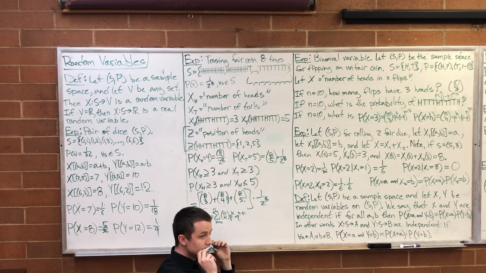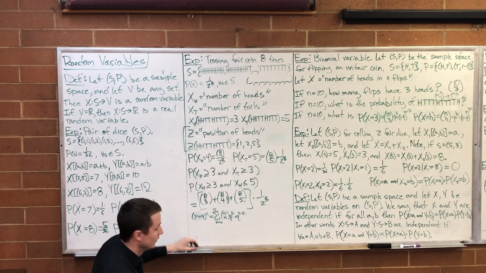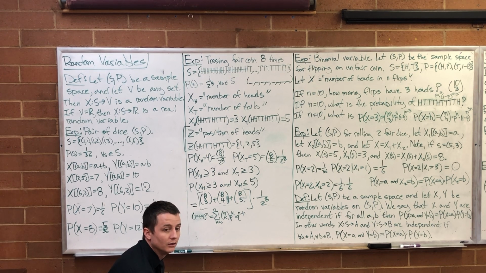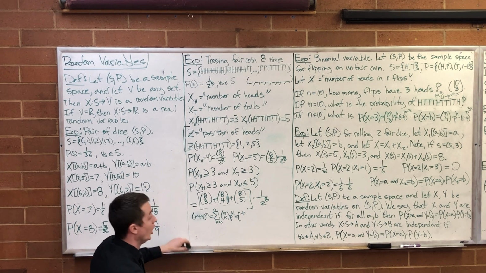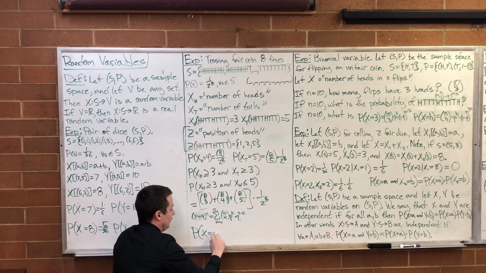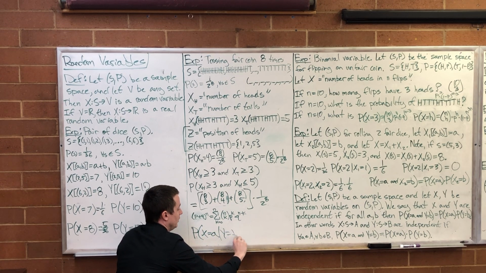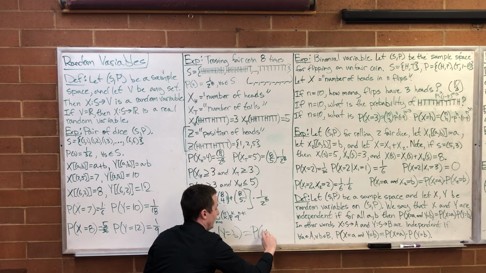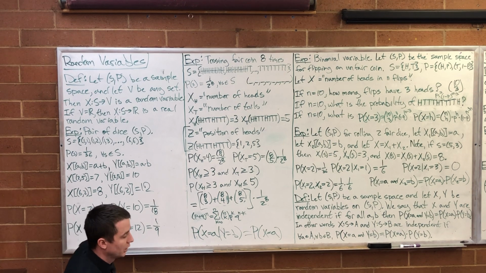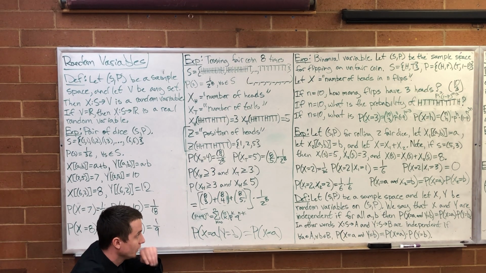Make sense? Anything weird? Just to be 100% sure, the probability of x equaling A and y equaling B is not the same thing as the probability of x equaling A given y equals B. No, very different, because if they're independent, then the probability that x equals A given y equals B is still just the probability that x equals A. Which is not the same thing as the probability that x equals A times the probability that y equals B. So yes, very different.